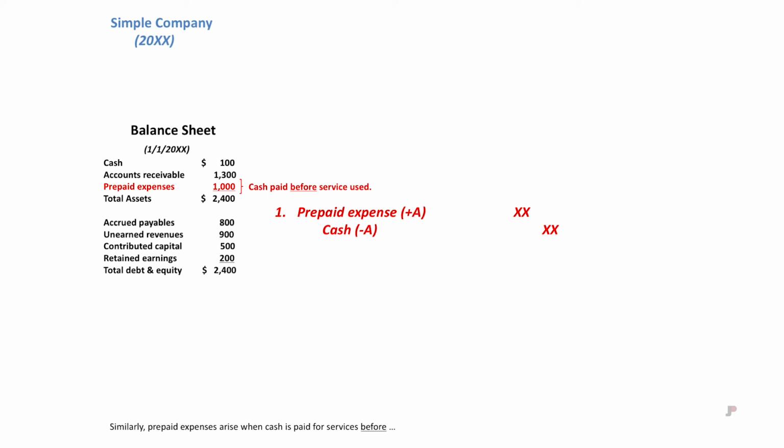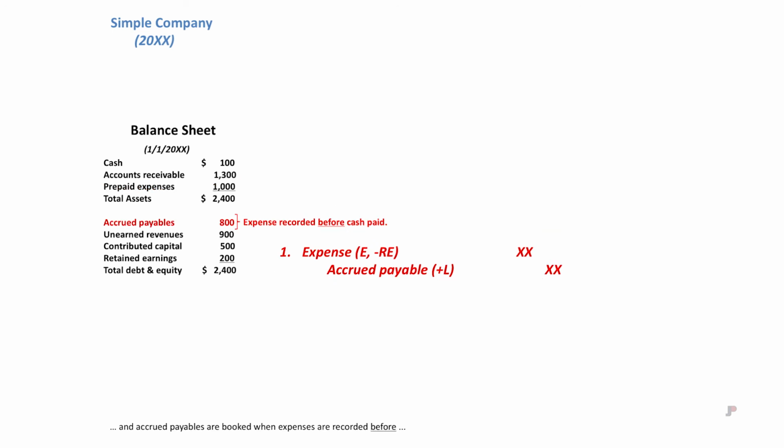Similarly, prepaid expenses arise when cash is paid for services before the services are used and the related expense is recorded. And accrued payables are booked when expenses are recorded before cash payments for those expenses are made.